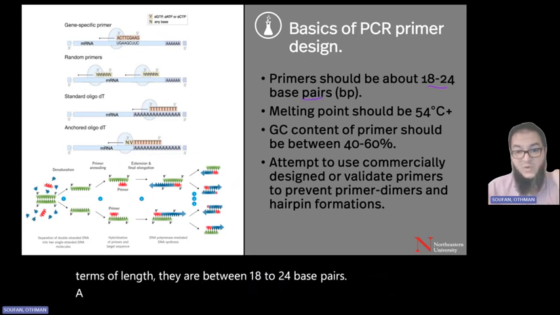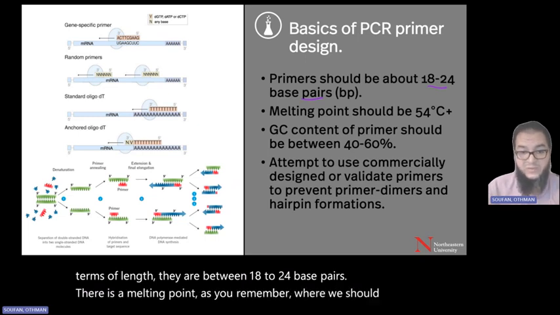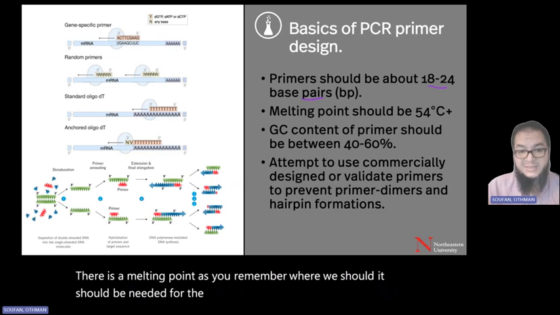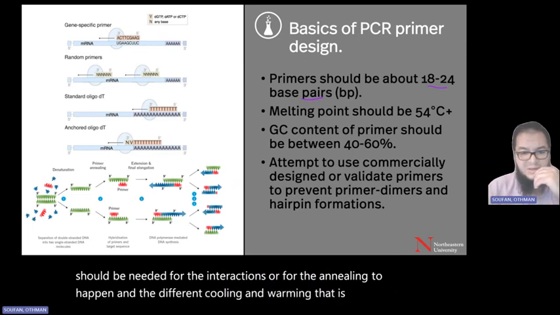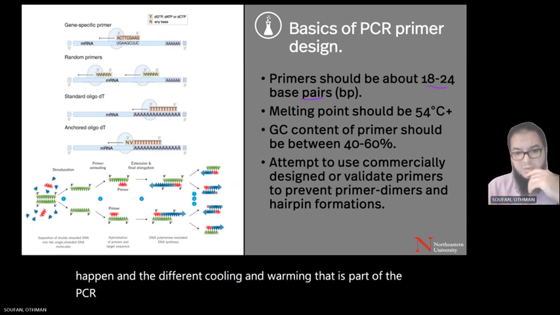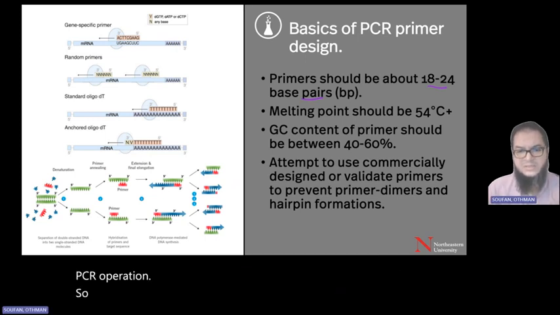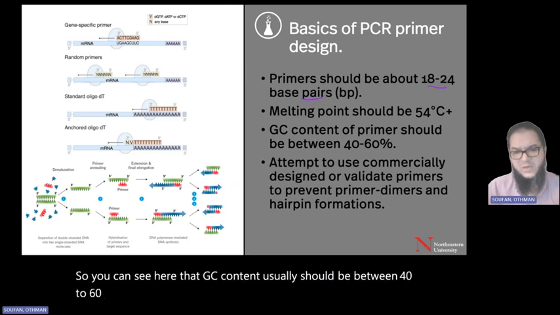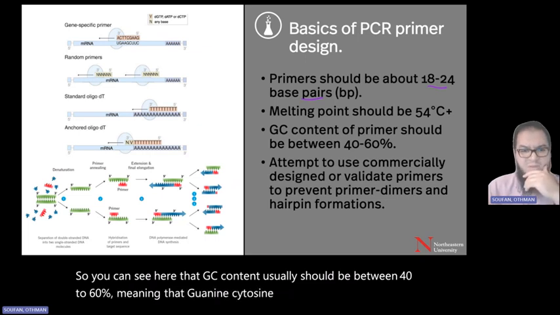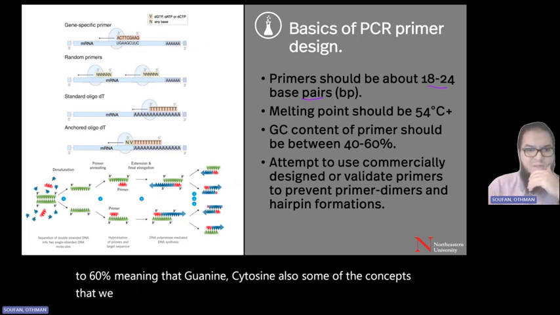There is a melting point, as you remember, which is needed for the interactions or for the annealing to happen, and the different cooling and warming that is part of the PCR operation. So you can see here that GC content usually should be between 40 to 60%, meaning the guanine, cytosine, also some of the concepts that we covered earlier.